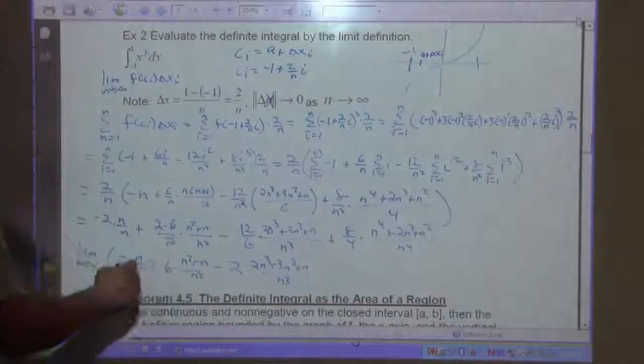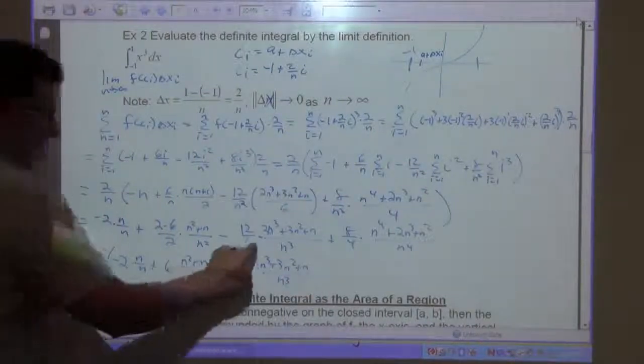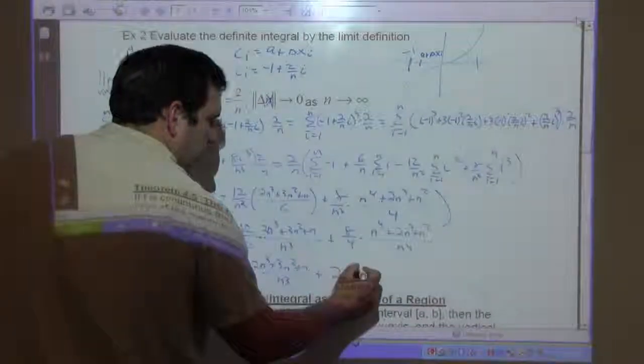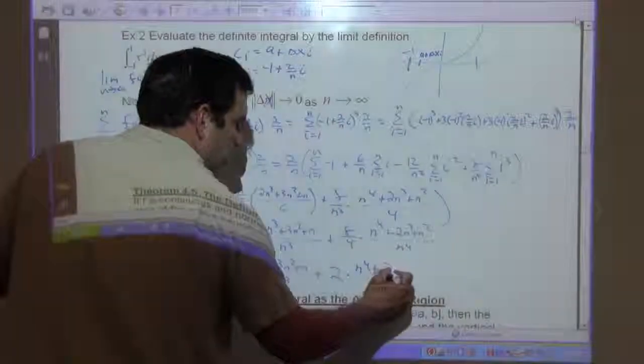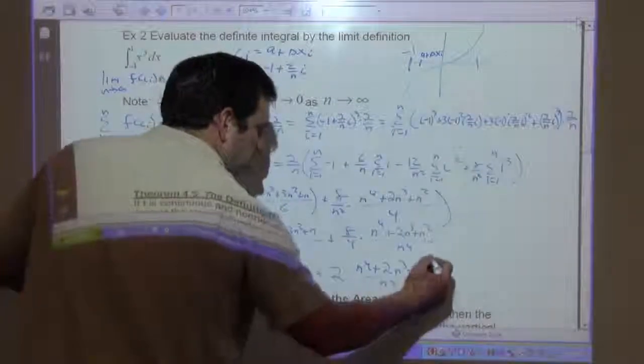Notice in each case the highest degree, plus 2 times n to the 4th plus 2n cubed plus n squared over n to the 4th. Trust me, this gets better.